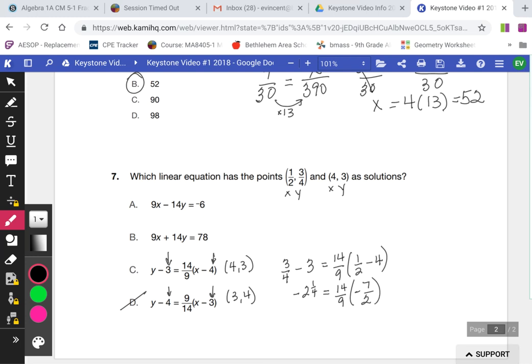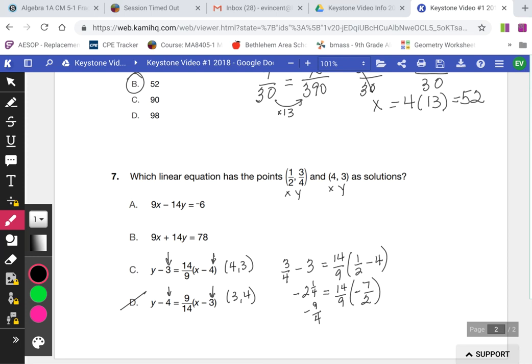Well, you know what? There's no way I'm going to get that here. So that means that I have to substitute the other ones. So this one doesn't work, although it looks like C is at least partially right.